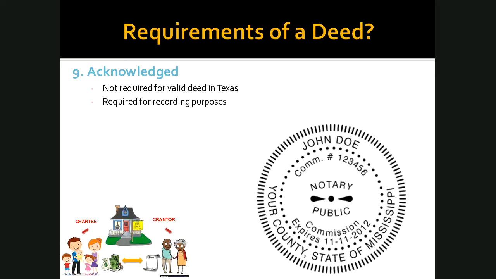That deed is still good as between grantor and grantee, even though it's not acknowledged or notarized. The problem comes when we have third parties that start getting involved, you know, people who have liens, banks, and things like that. Then not having a deed that's acknowledged could become a problem. But as between grantee and grantor, it's not a problem.